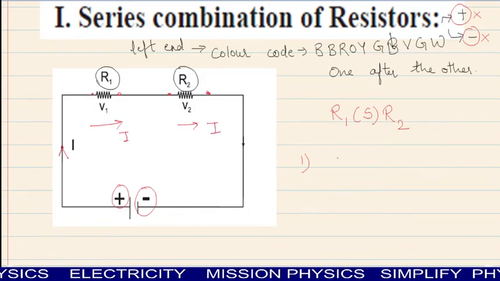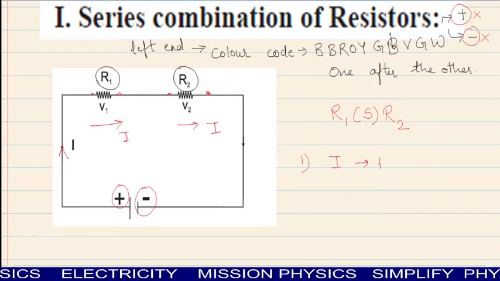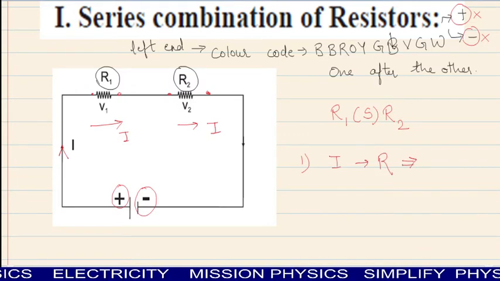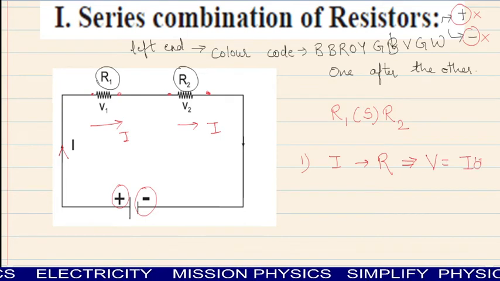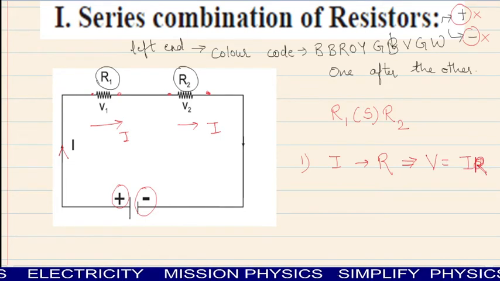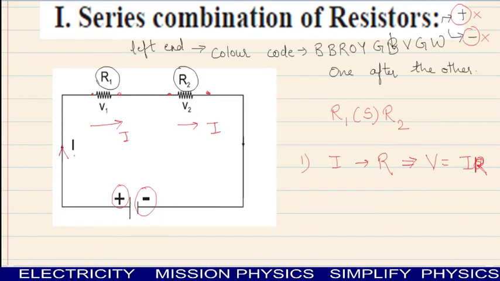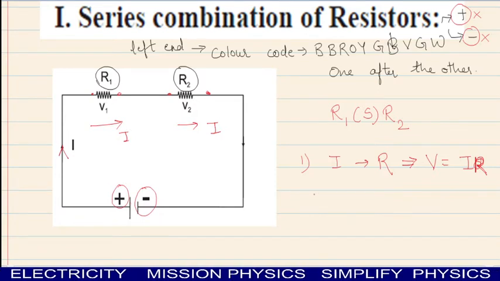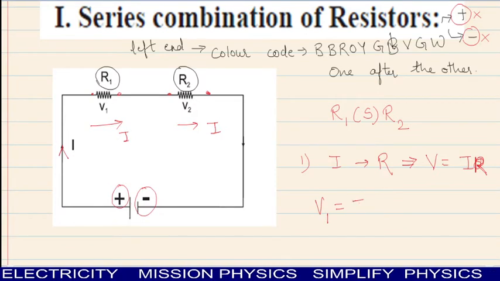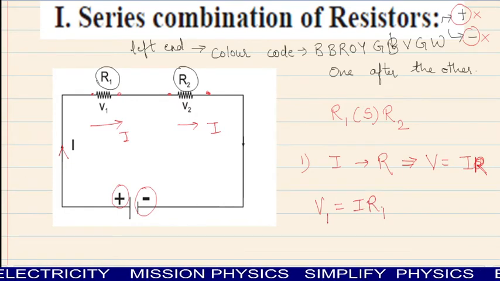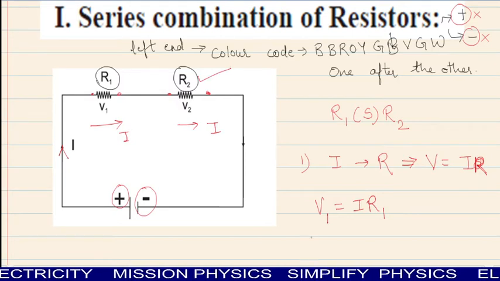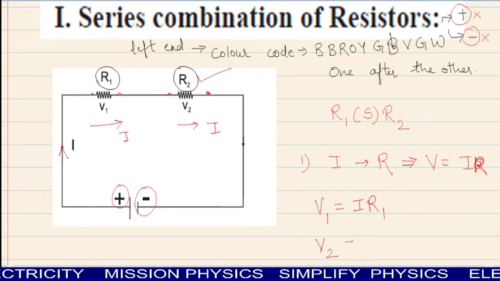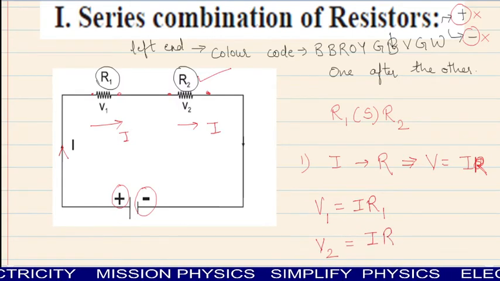Now when current passes through any resistance, according to Ohm's law this will create a terminal potential difference across the resistance. So current I produced V1 equals I into R1 across R1, and the same current I produced V2 equals I into R2 across R2.